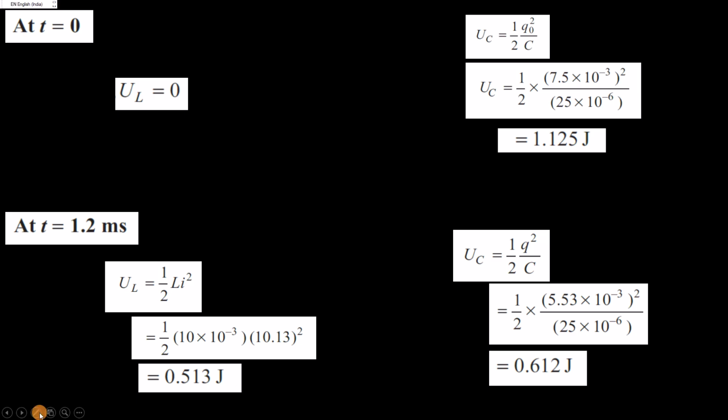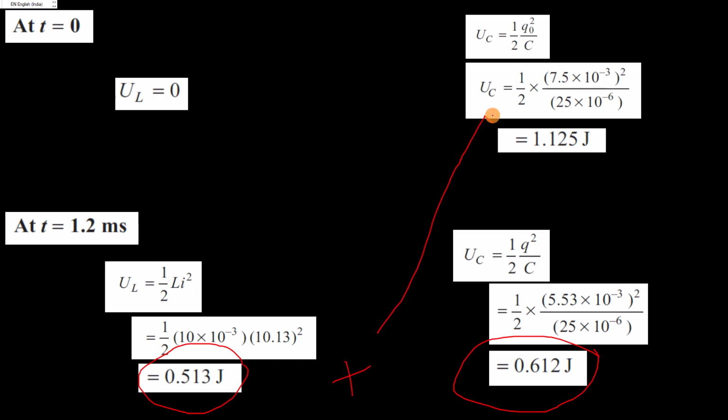When these two values are added we get the total energy. So the total energy of the system is constant, provided that there is no heat loss due to the flow of current in the circuit, or the resistance of the circuit is 0. I think you have a clear concept of the LC oscillator, and so thank you for watching this.